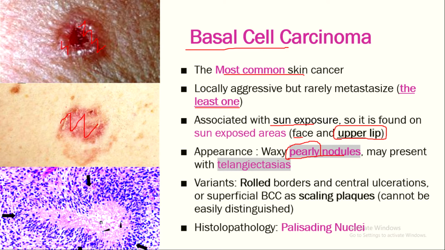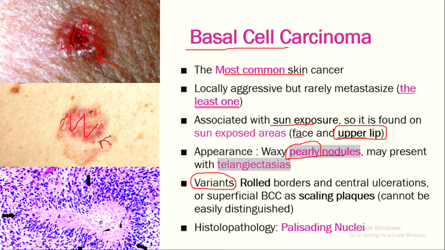Now we have two variants of basal cell carcinoma shown right here. It either presents with these rolled borders and an ulcerative center this way, or it is just a flat lesion or flat plaque right here, which we call the superficial basal cell carcinoma.